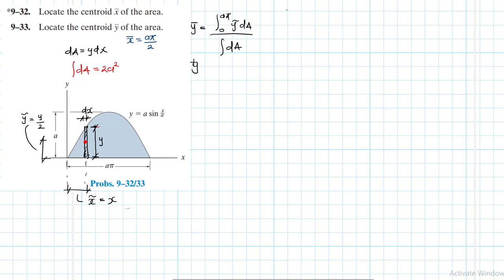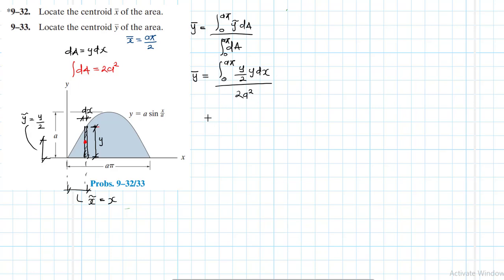The centroid in the y direction is y over 2. Our dA is just y dx, divided by our total area, which is 2a squared.